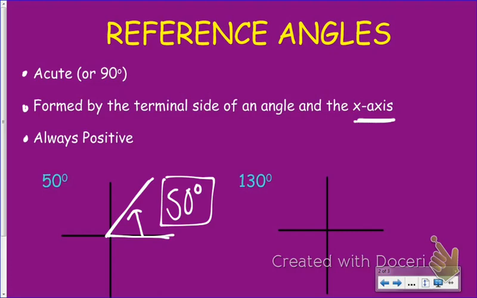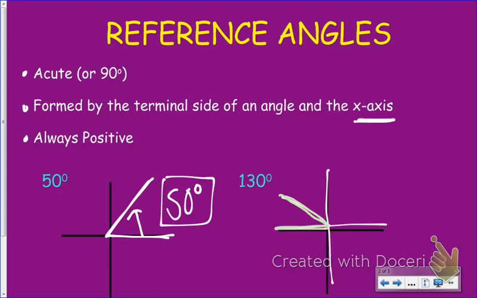Now let's look at another one. It's not going to be quite as easy. If I have a 130-degree angle, the first thing I'm going to do is draw that 130-degree angle. And I know that's going to fall in the second quadrant. So that is my 130-degree angle. The problem is that's not an acute angle. So the reference angle is what I'm going to find that makes up that terminal side and the x-axis.